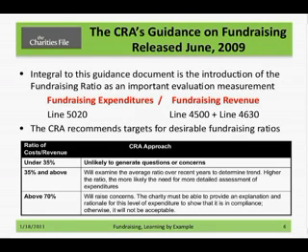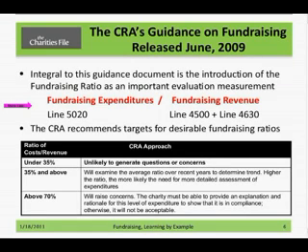In this document, CRA identifies something called the fundraising ratio. They've identified their compliance expectations and best practice and all of that, but they've really now provided charities with a measurement of fundraising effectiveness. And this measurement is basically looking at three critical lines.